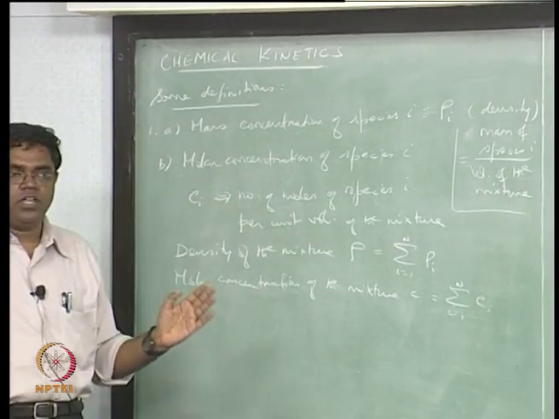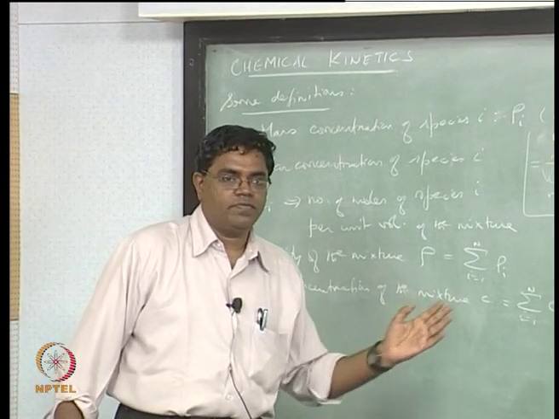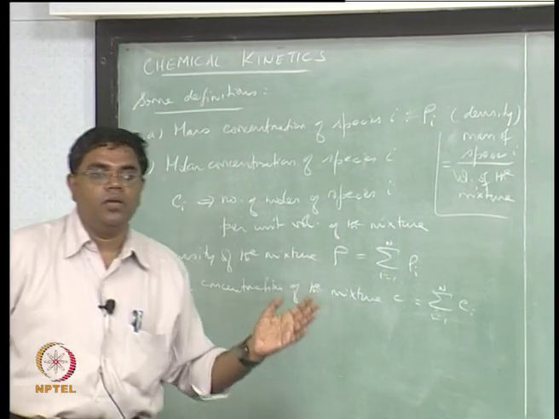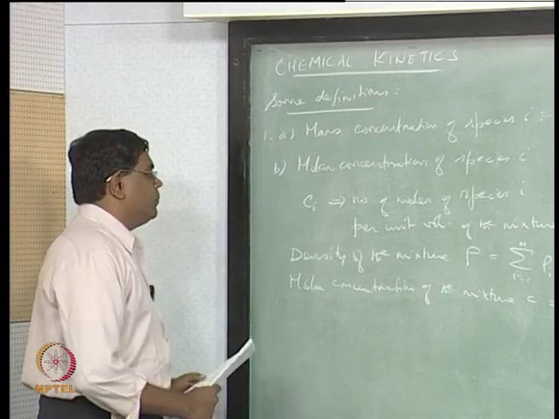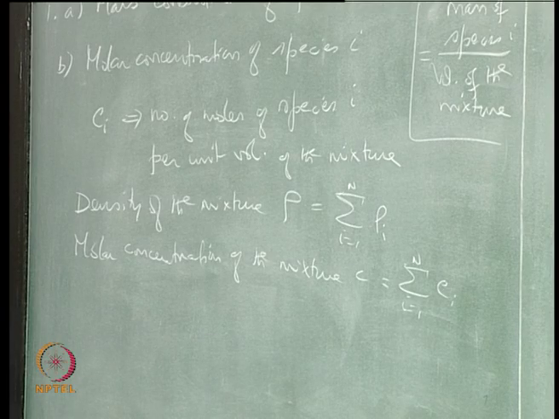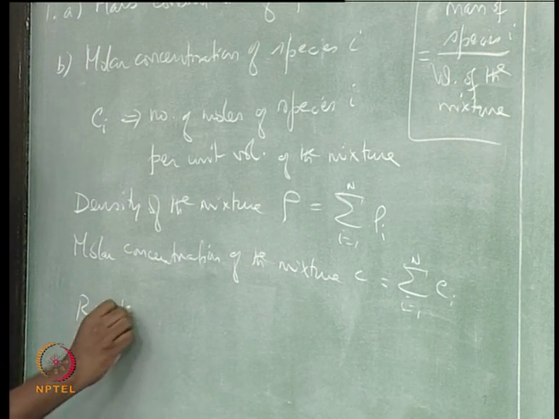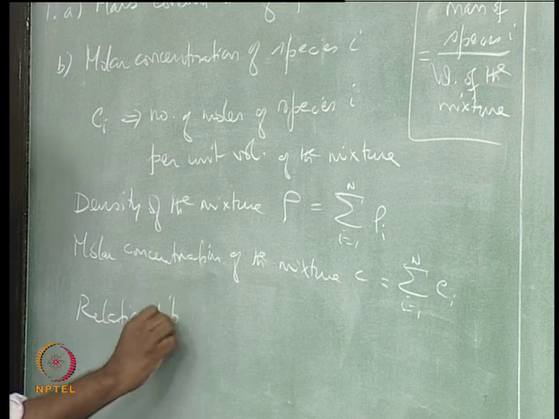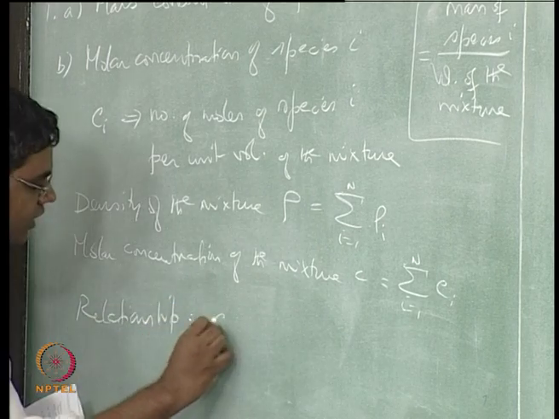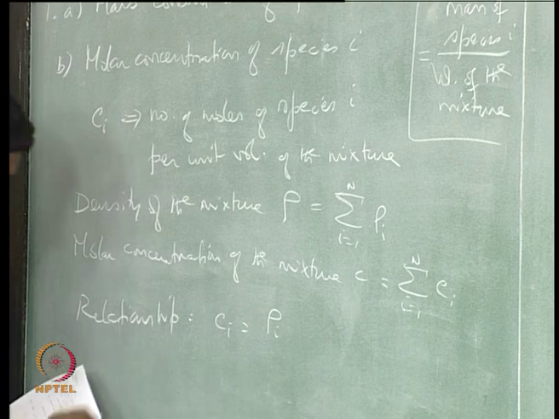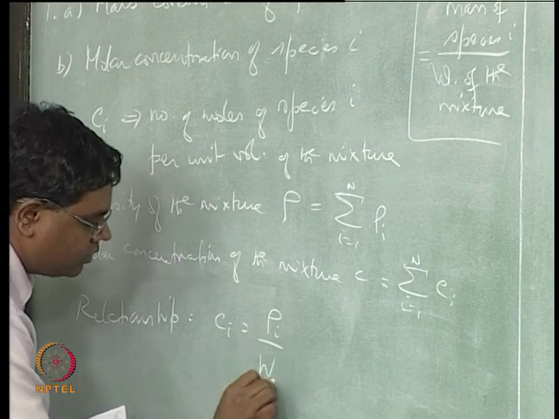So what's the factor that differs? The molecular weight. The molecular weight basically tells you what is the mass per 1 mole. Therefore if you have so many number of moles, you need to have so much more mass as the molecular weight. Therefore the relationship is Ci equals rho I divided by Wi.